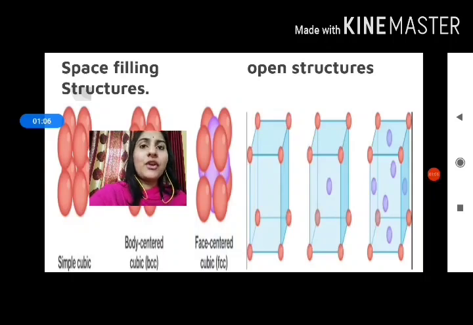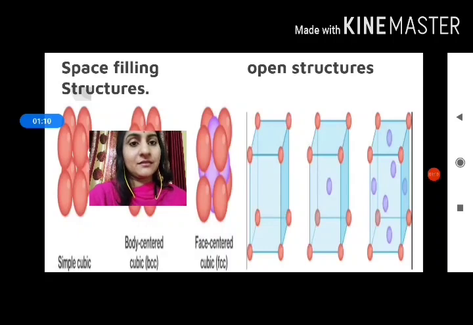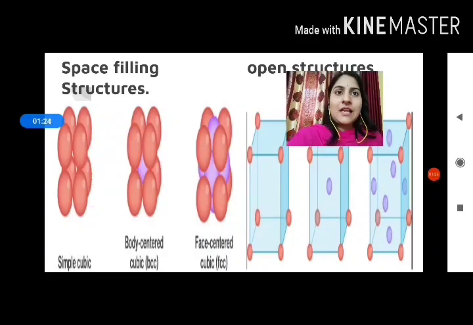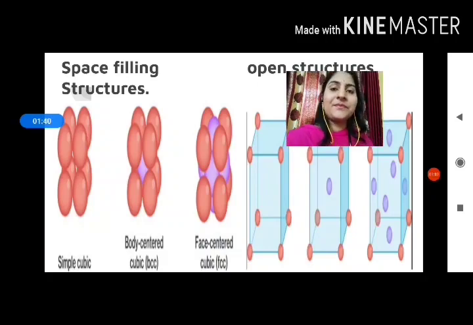These points are joined just to represent the geometry of the lattices. On the other side of the slide, we have the space filling structures with the actual particle size such that the spheres are actually in contact with each other. Here for simplicity, we assume that the constituent particle is an atom.